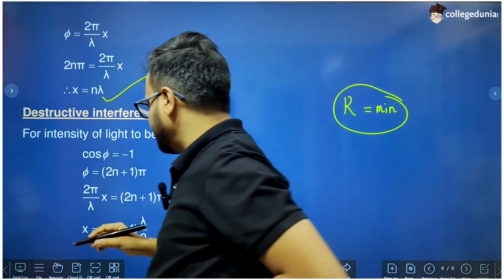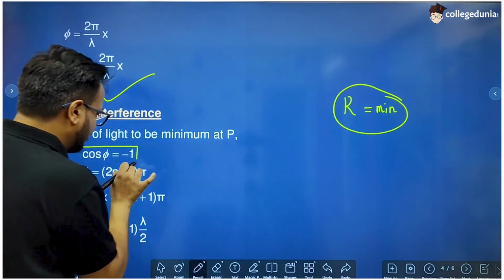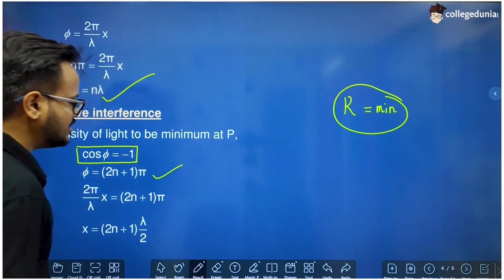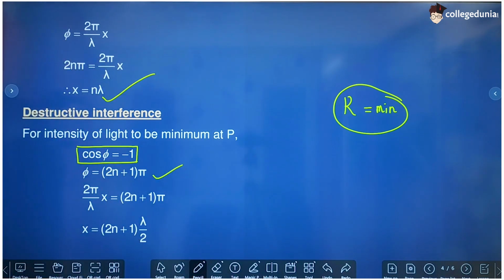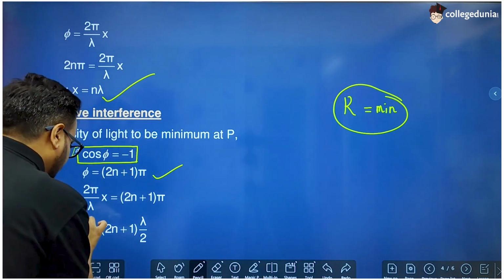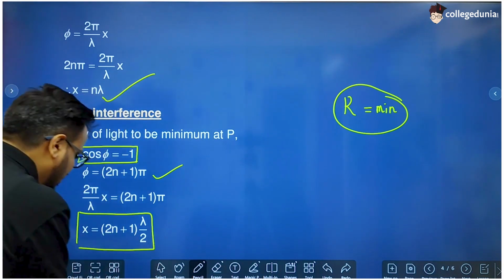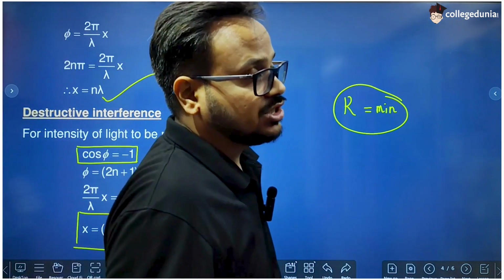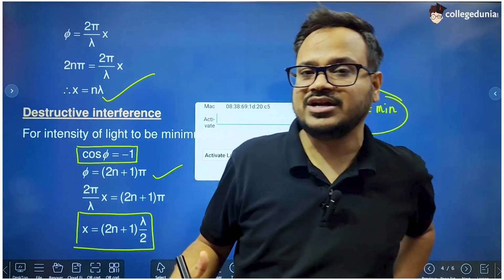And R is minimum when cos phi is minimum, and the minimum value of cos phi is -1, which is when phi is (2n plus 1) into pi. The path difference, using the formula from the previous slide, is x equal to (2n plus 1) into lambda by 2. So these are the conditions of constructive and destructive interference.